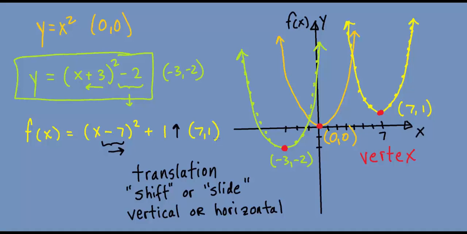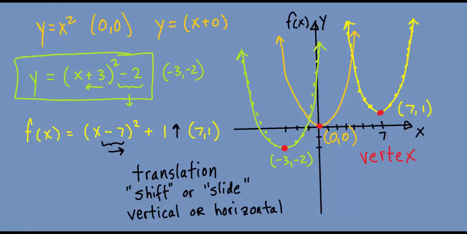So what I want you to notice here is that you can look at this graph, you can look at this function and actually read off the vertex, right? Notice it's the opposite of that number for the x, that's the x coordinate of the vertex. And it is that number exactly, that's the y coordinate of the vertex, right? And we could actually write that parent graph, that simplest parabola this way, we could say that's y equals (x plus 0) squared, plus 0.